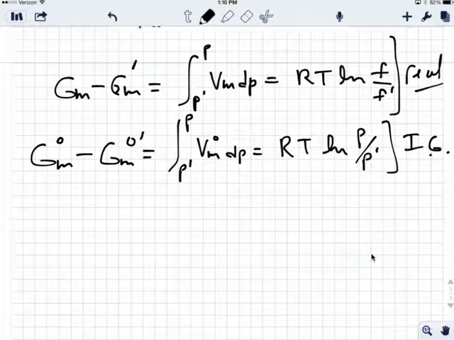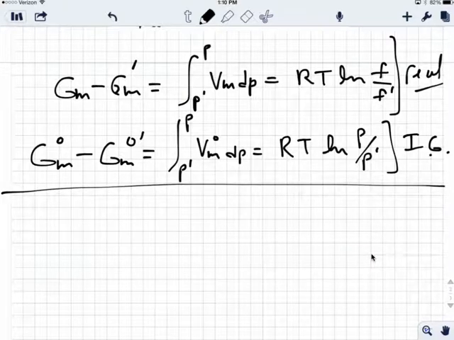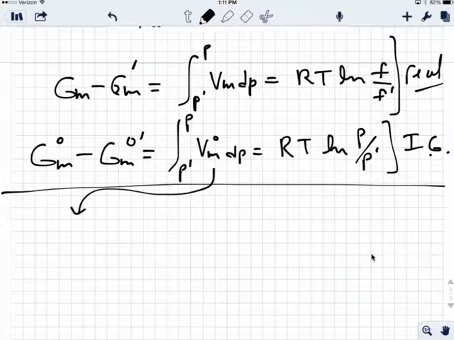Now, excuse me, we can subtract these two, and the difference between these two should be related to the fugacity coefficient. What I'm going to do is take this subtraction and look at the integral term and then the log term.